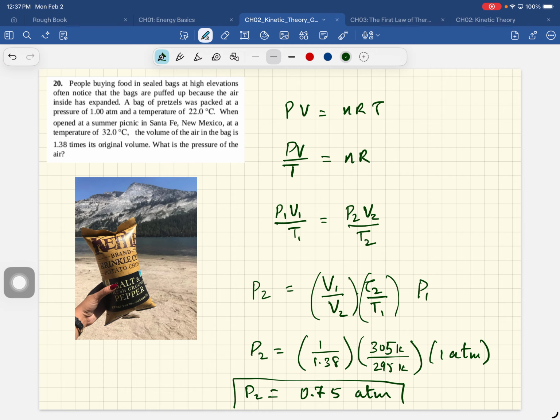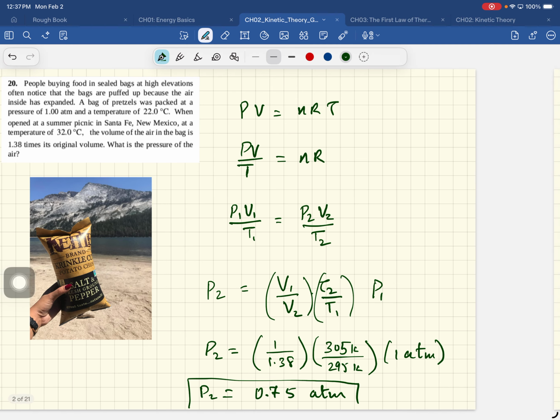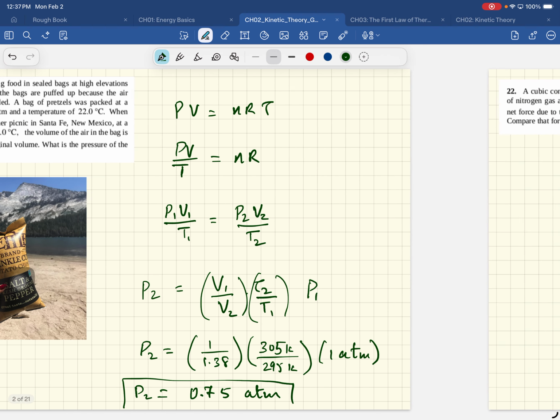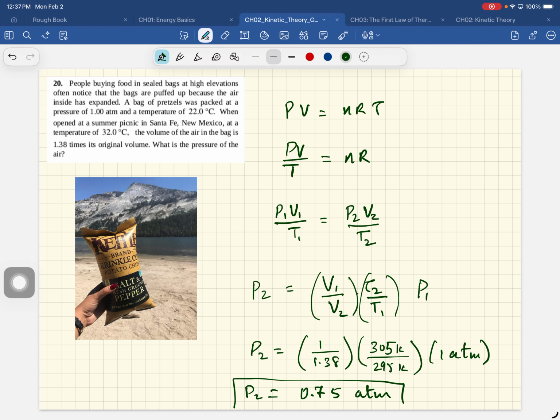In Denver, the pressure is 0.8 atmospheres. Why did you do 1 divided by 1.38 for the volume? V2 is 1.38 times V1. Oh, okay, I see. Got it.